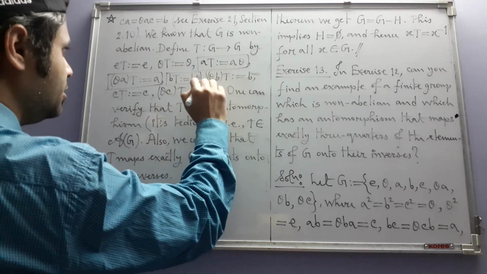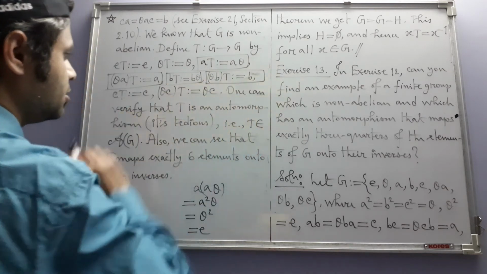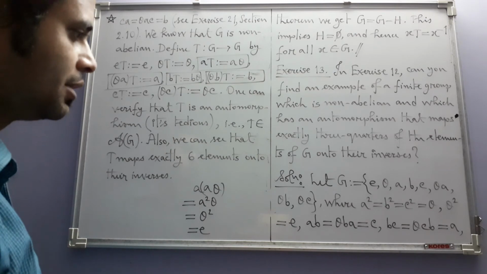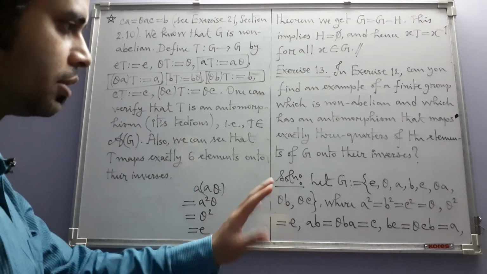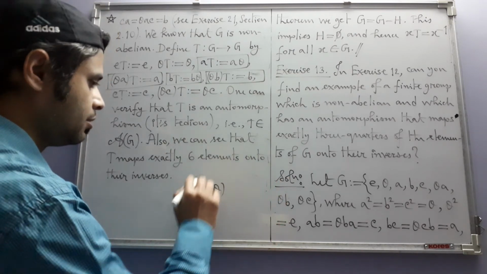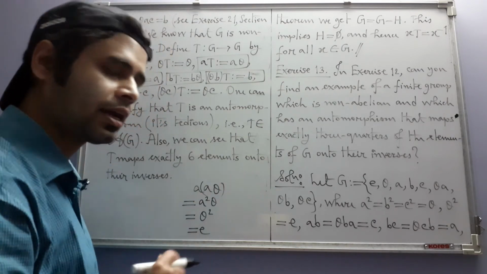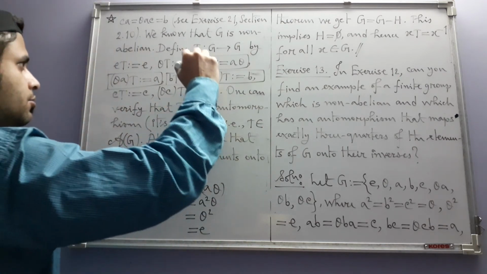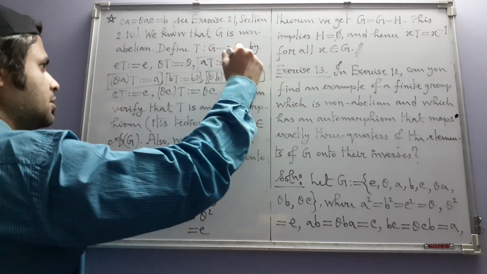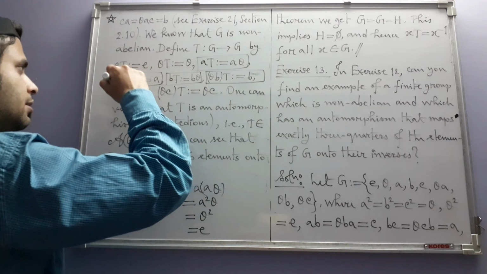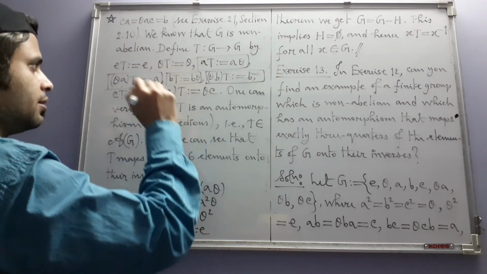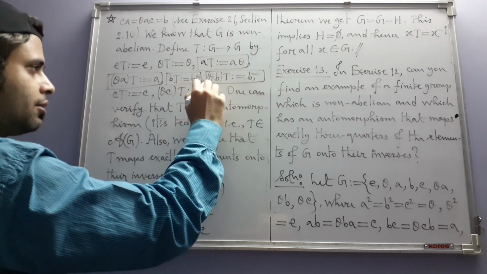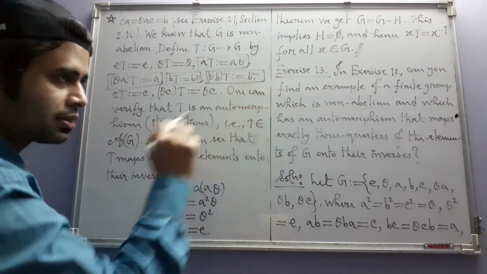Just like that, B and B theta, I mean theta B or B theta, you will see if you go through the calculations of this group that theta B and B theta are actually equal. Theta commutes with the other elements. So A gets mapped onto its inverse, A theta gets mapped onto its inverse A, B gets mapped onto its inverse B theta, and B theta or theta B gets mapped onto its inverse B.